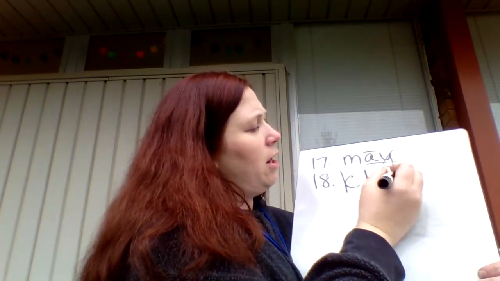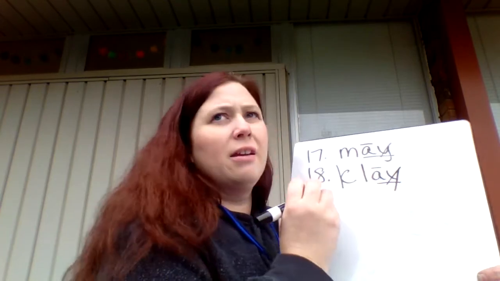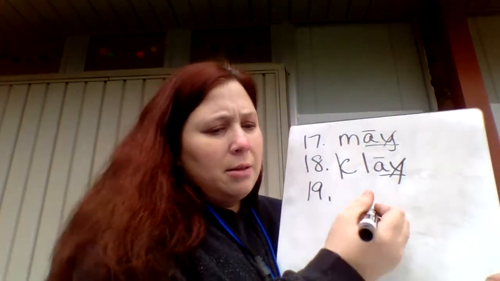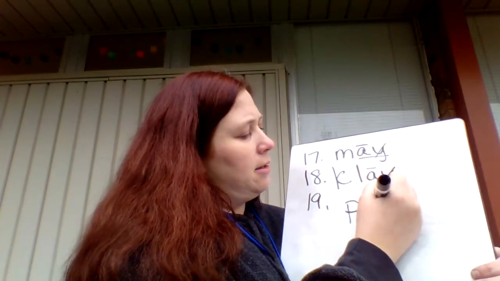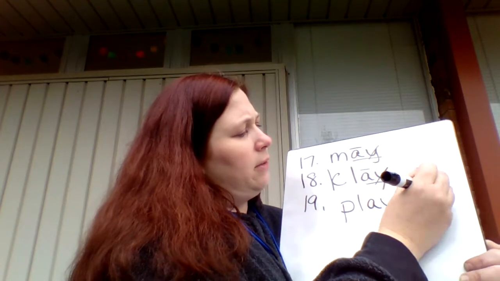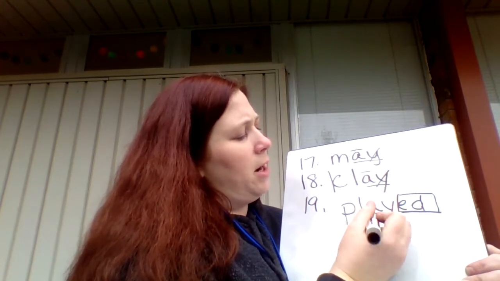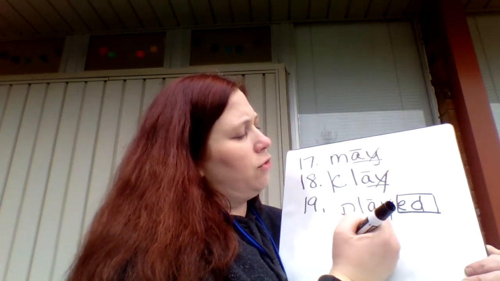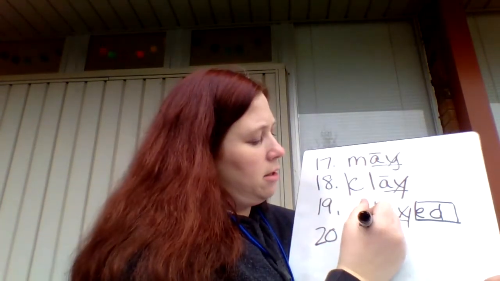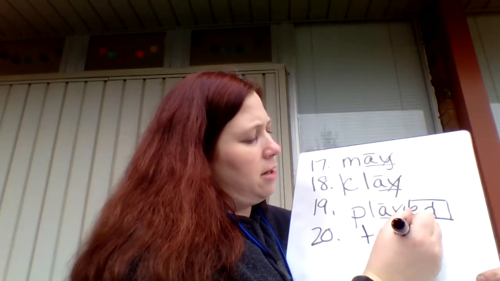Here we have our digraph. Y gets marked off and A is a macron and it says its name. Number 19, played. We have our suffix here. Here we have our AY. We're going to underline, macron on the A, and scratch off the Y. 20, tray.